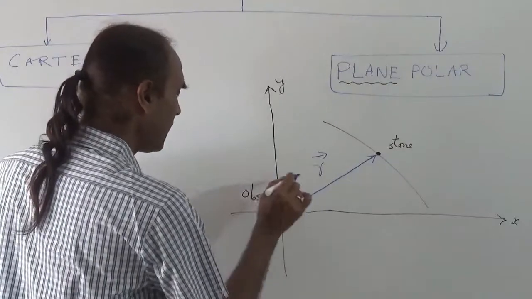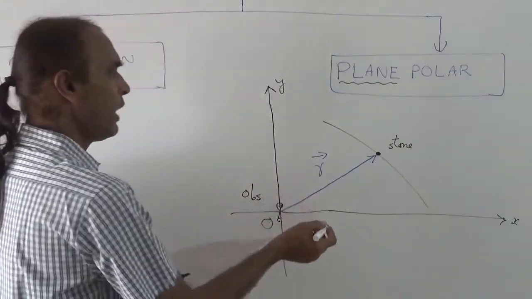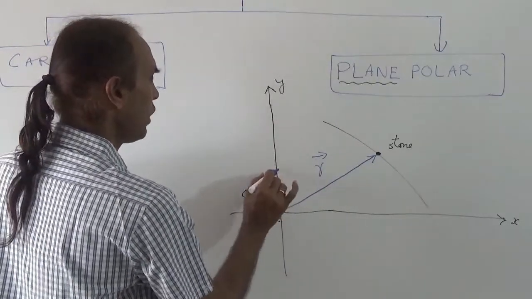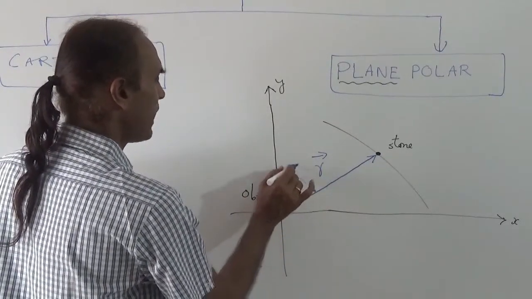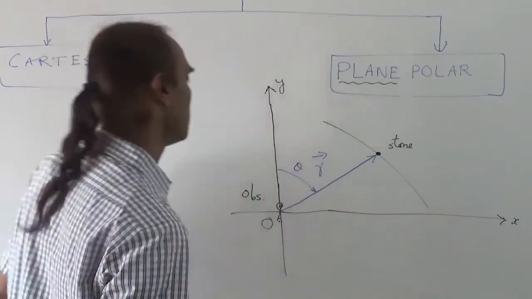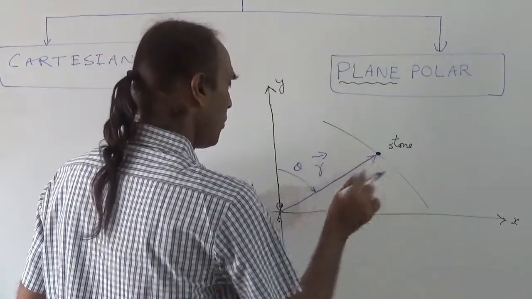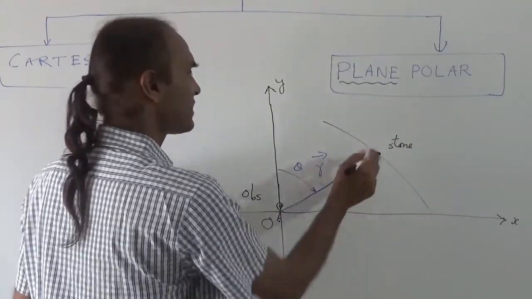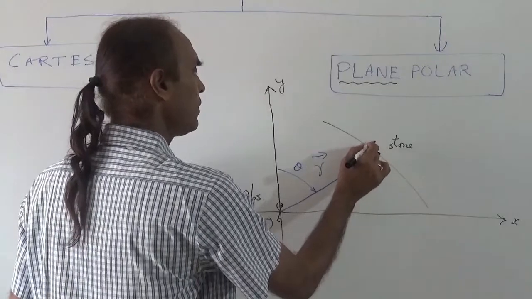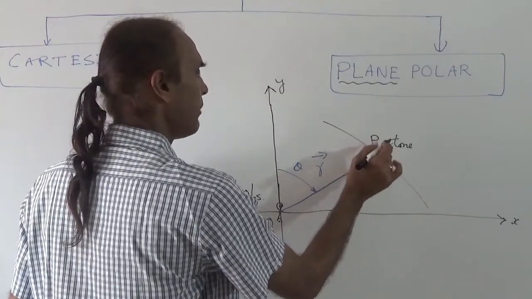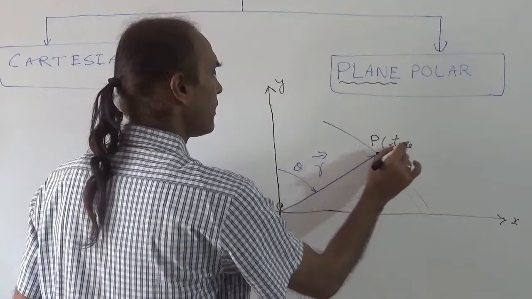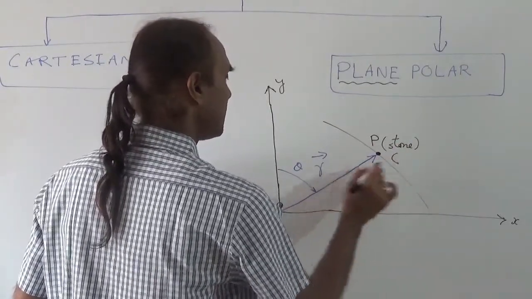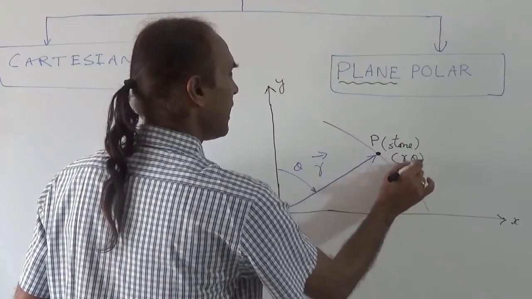Let us take an angle with respect to either the x-axis or the y-axis. If you take it with respect to the y-axis, the angle is increasing. So we have two coordinates for the stone. The stone is given by a point P. It is given by two coordinates r and theta.